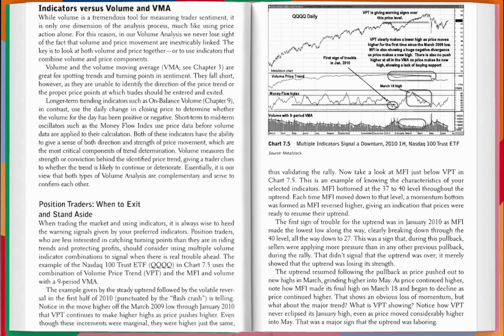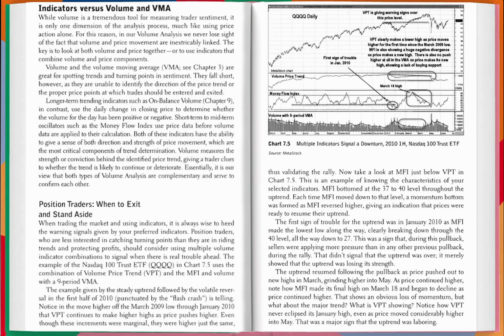Longer-term trending indicators, such as on-balance volume, Chapter 9, in contrast, use the daily change in closing price to determine whether the volume for the day has been positive or negative. Short-term to mid-term oscillators, such as the Money Flow Index, use price data before volume data are applied to their calculation.